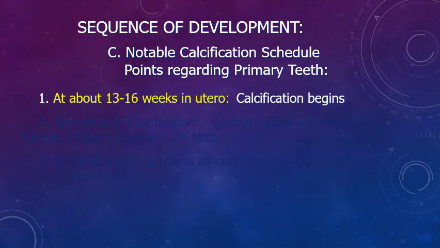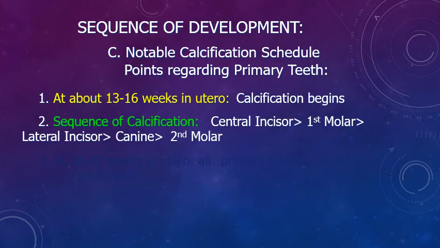Around 13 to 16 weeks in utero, that is during pregnancy, the calcification usually initiates. So the calcification of all the primary teeth initiates between 13 to 16 weeks in utero.